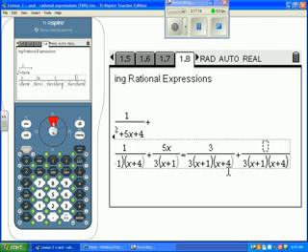Our original denominator was 3 times x plus 1. Now it's 3 times x plus 1 times x plus 4, right? So what do we have to multiply to it? The x plus 4. So in the numerator, you're going to have your 5x, and then in parentheses, you're going to multiply by x plus 4.